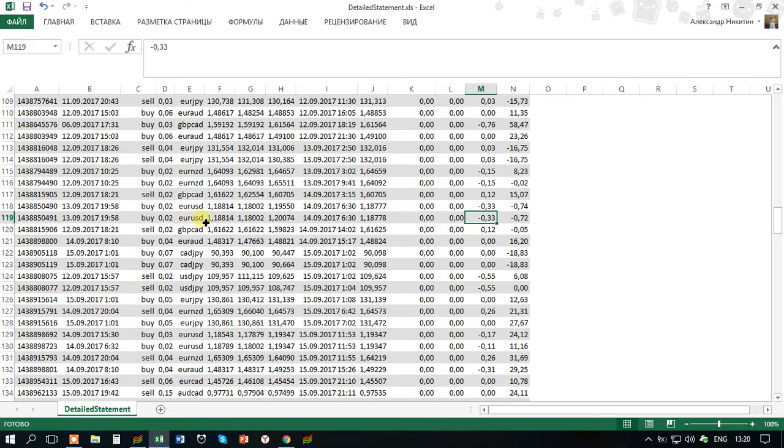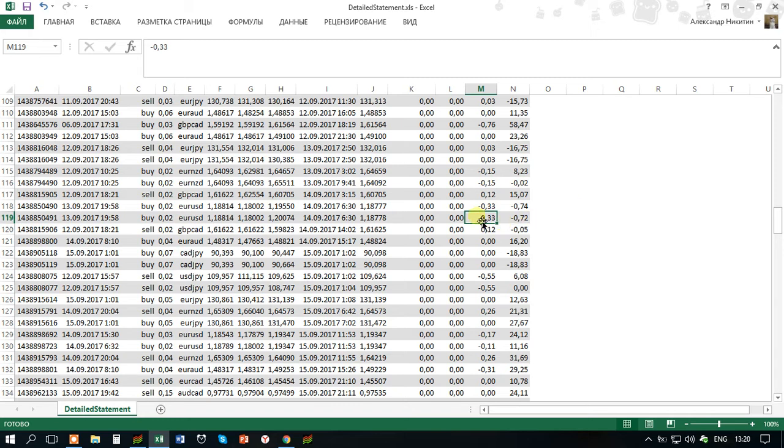If I have the euro-dollar pair, it will be the difference between the European interest rates and the dollar interest rates. So I suppose that if I have euro-dollar, it should be euro minus dollar. But if I have the opposite, dollar-euro, it will be different. It will be dollar minus euro interest rates.